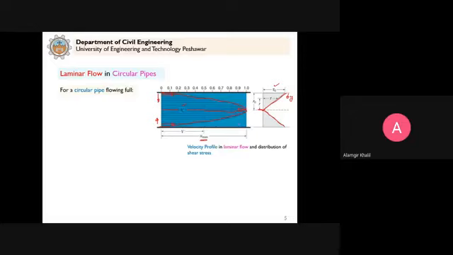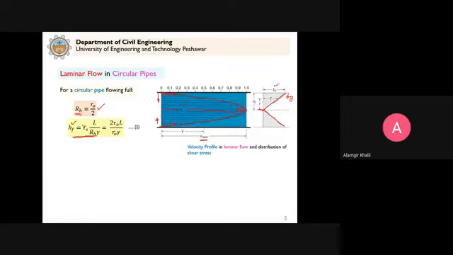So for circular pipes flowing full, we already studied that the hydraulic radius, which is denoted by RH, is given by R0 by 2. If you remember, when we were discussing the major head loss, in that case we derived this equation: HF is equal to tau naught bar, the average shear stress, and we can take it as equal to tau naught because we have symmetry.